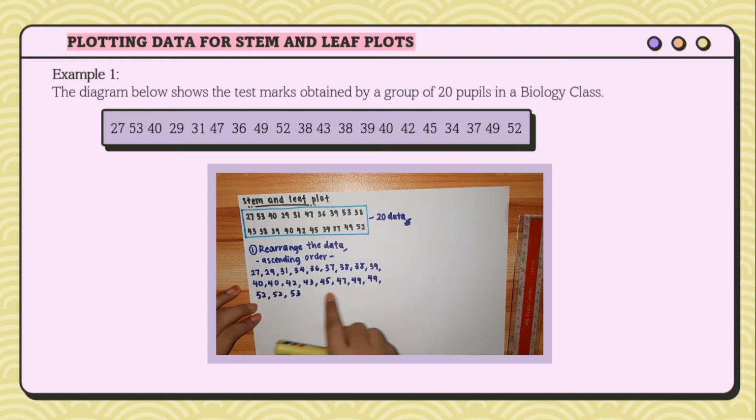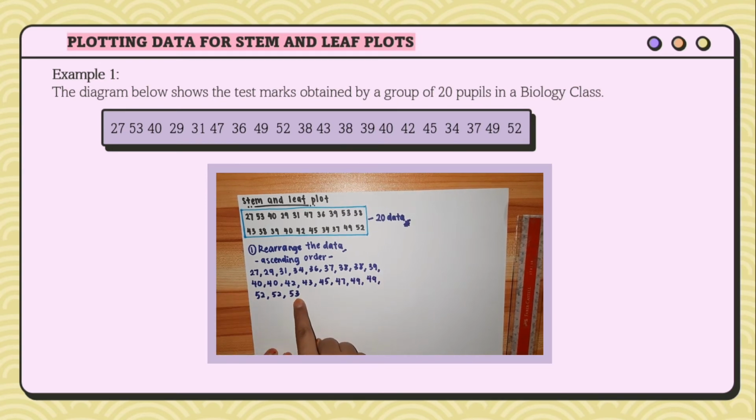From here, we can see that 27 is the smallest number, while 53 is the biggest or the largest number. So, we are done arranging the data in ascending order.